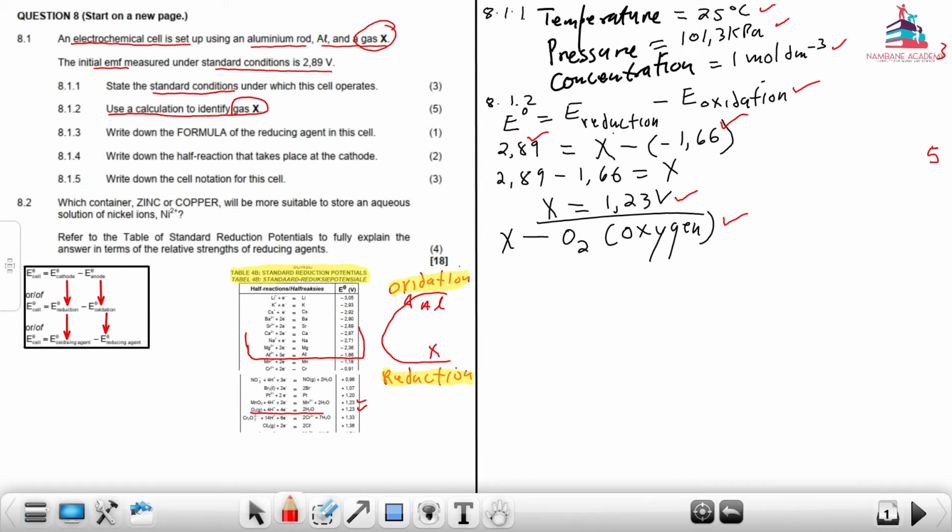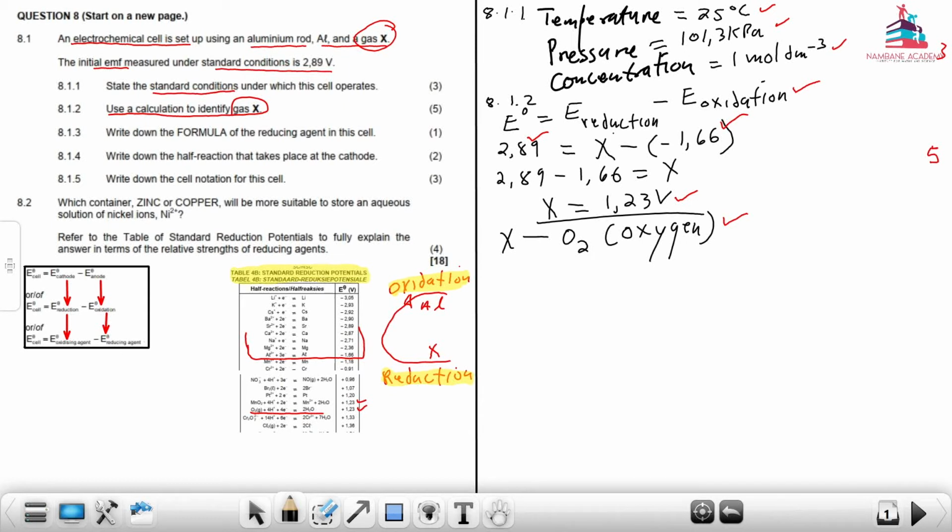At 8.13, write down the formula of the reducing agent. I have seen most people confusing all this. So the cheat that I have is, once we have identified where oxidation is taking place, it is taking place at the anode, and the substance that is undergoing oxidation is our reducing agent.